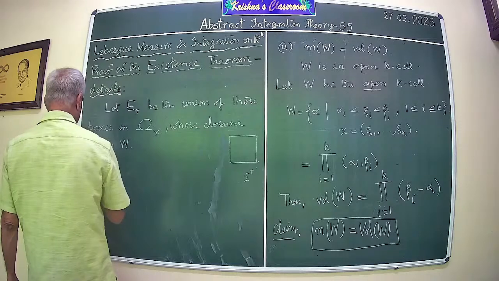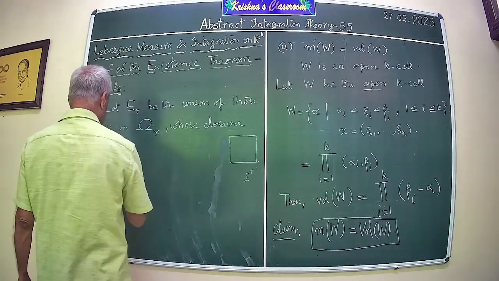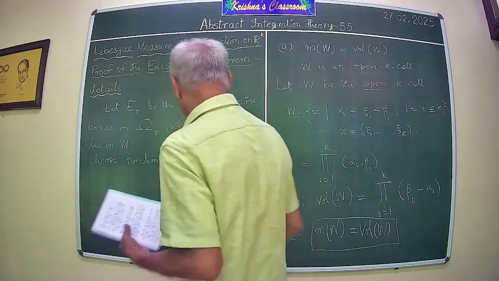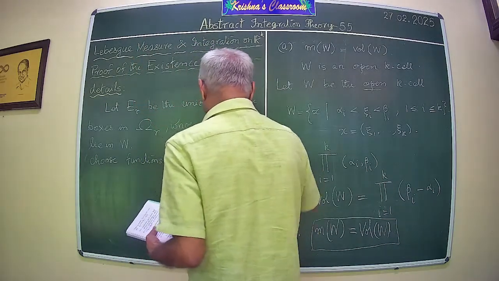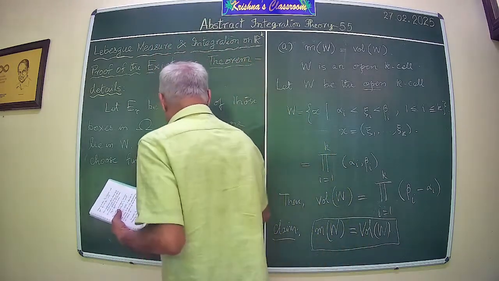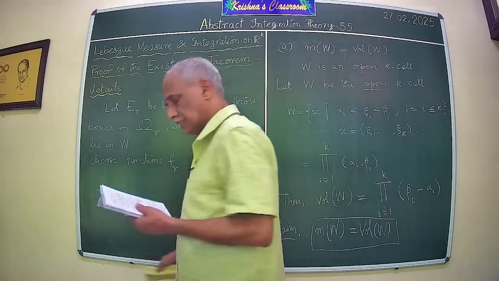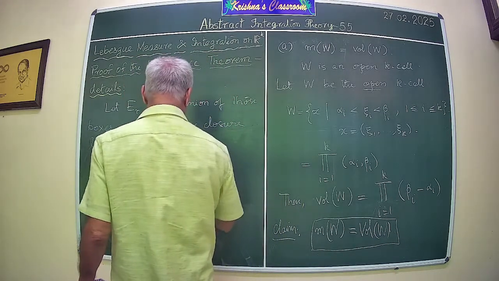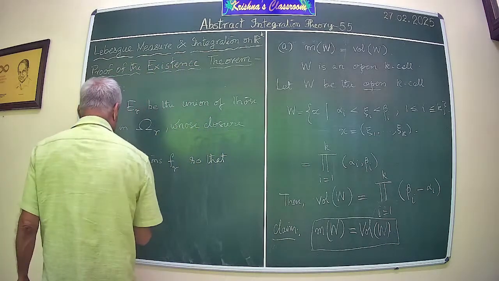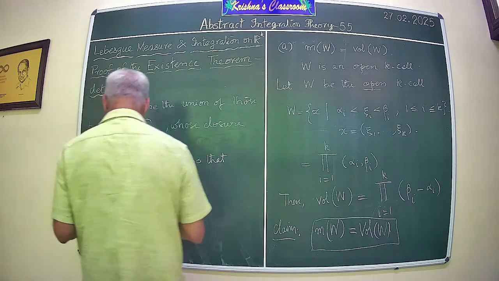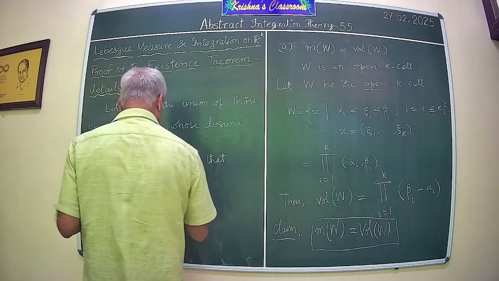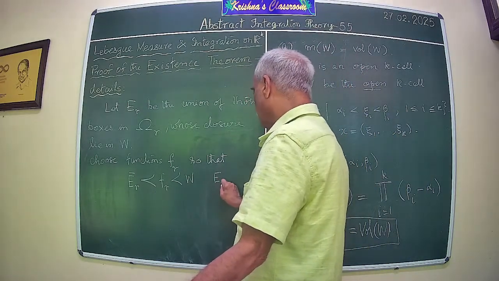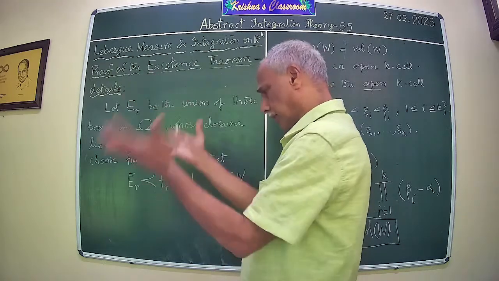Now we choose functions fr so that ER closure is subordinate to, FR is subordinate to W. Now you see that ER is contained in W, which is a union of boxes.